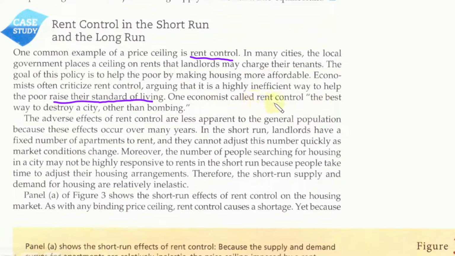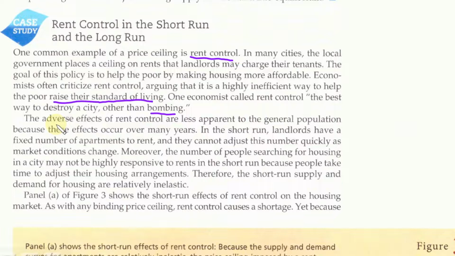The main policy of rent control is to impose a price ceiling on rental fees, right? He criticized this one as the best way to destroy a city other than bombing, right? Other than bombing, okay.